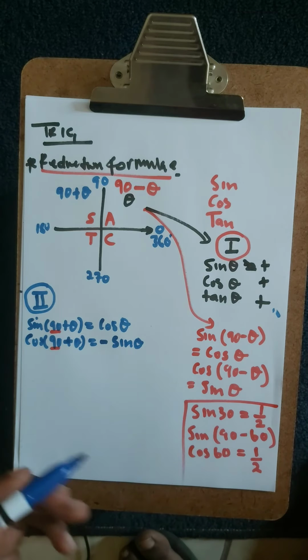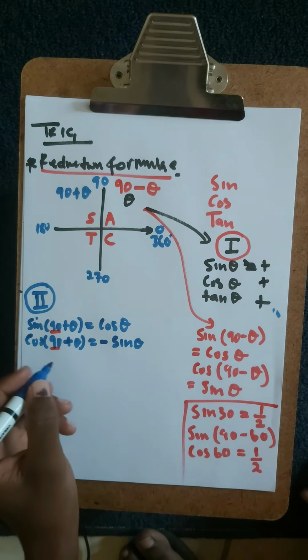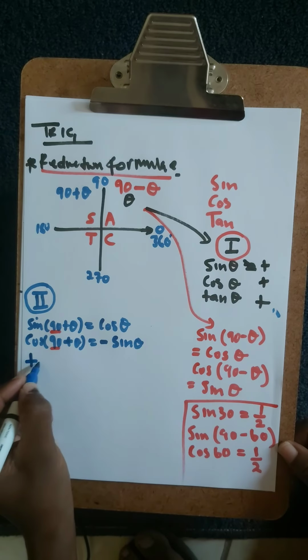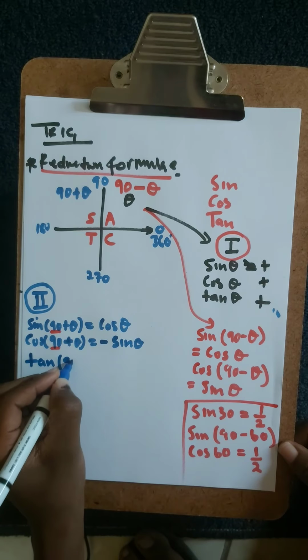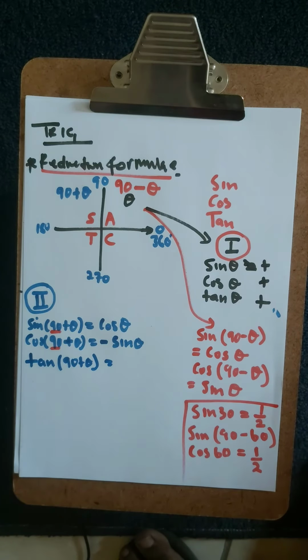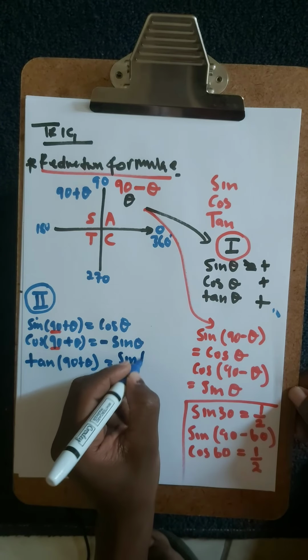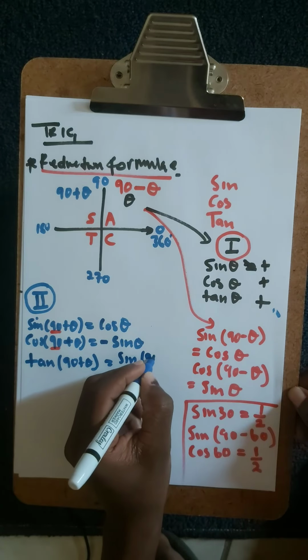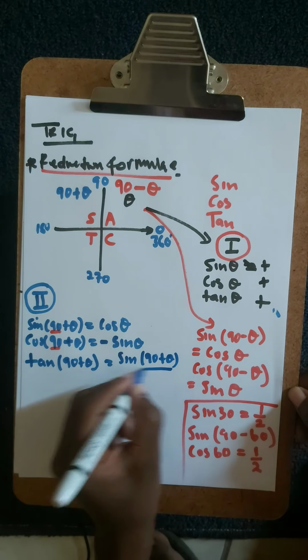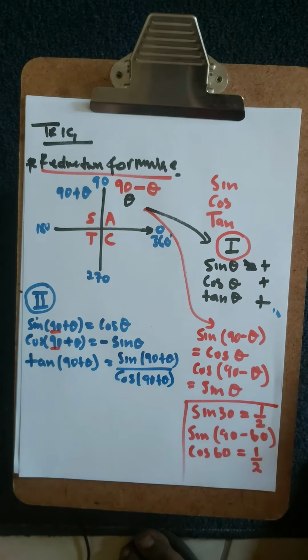Now, if you are given tan of 90 plus theta, you are just going to say it is equal to sine of 90 plus theta over cos of 90 plus theta.